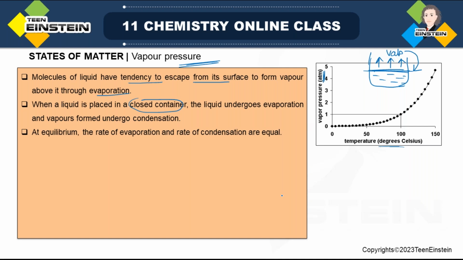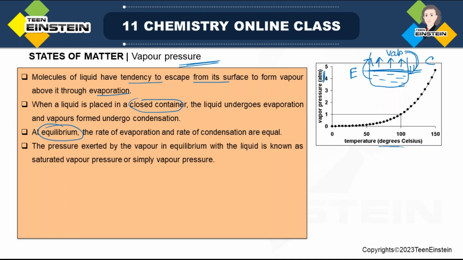Because the container is closed, when the rate of evaporation and the rate of condensation are equal, there will be equilibrium. So first liquid is converted to vapor and then vapor is converted to liquid again. The first process is evaporation E and this process is condensation C.